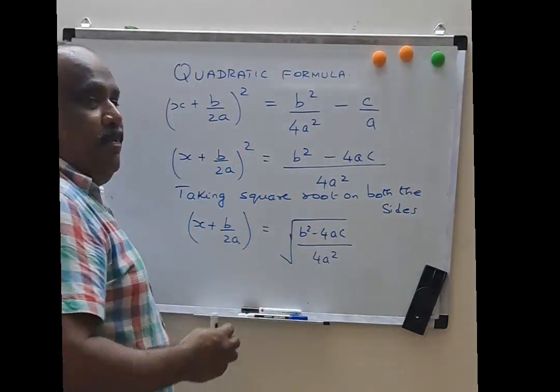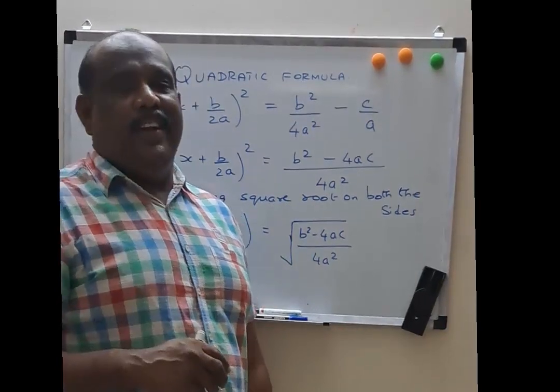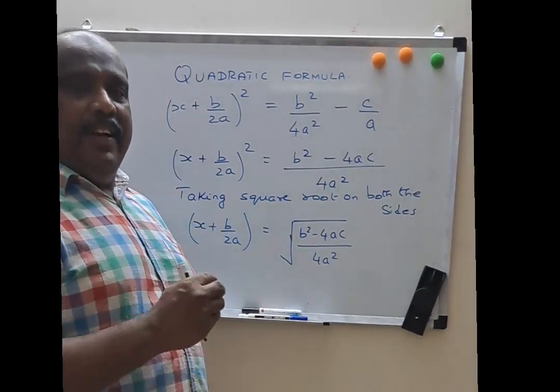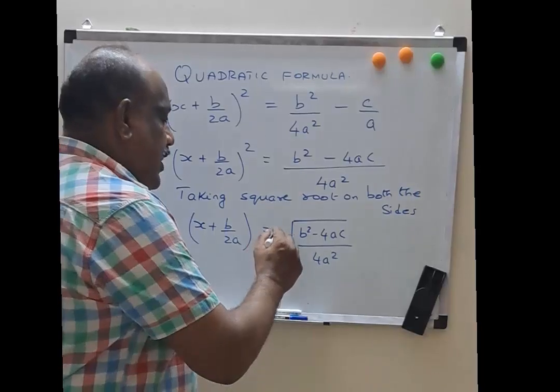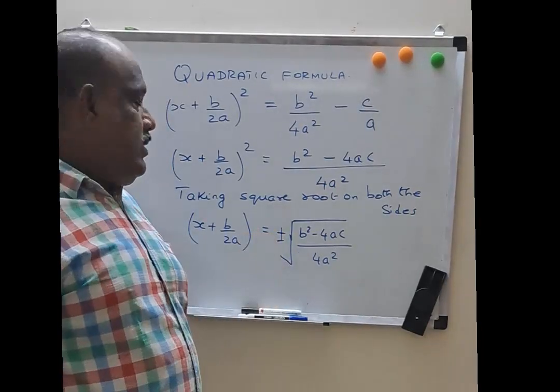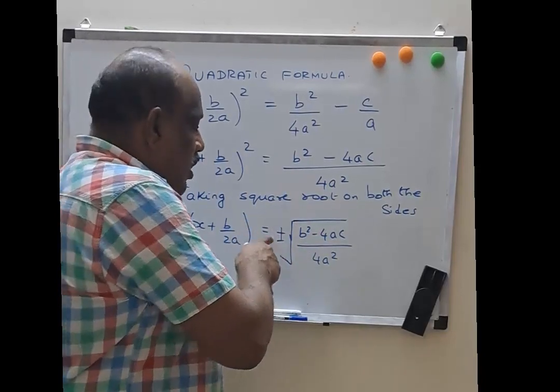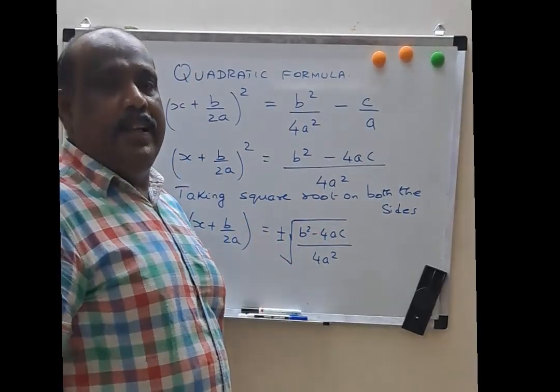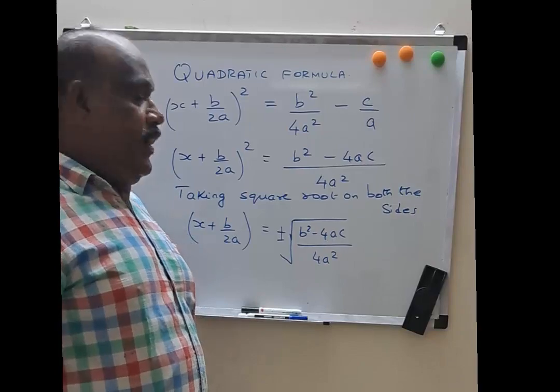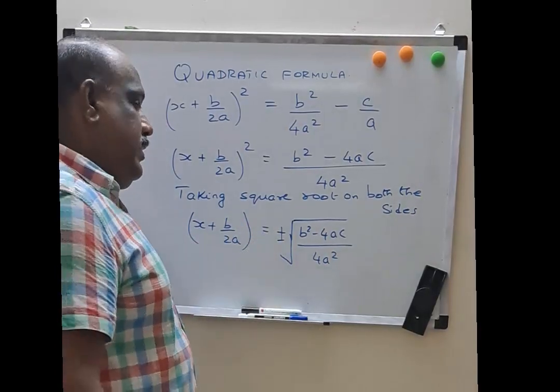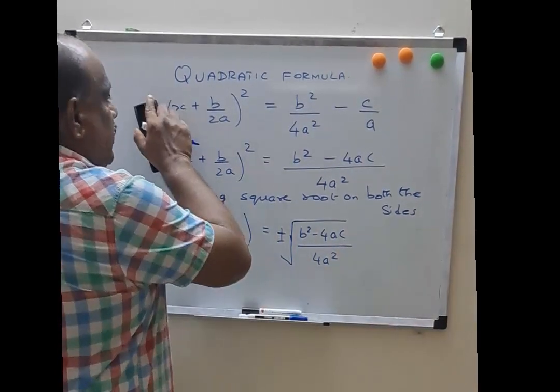Like this, many students used to write, even I used to write, but it's a mistake. When I take the square root on both sides, definitely I include plus or minus. On the left hand side the square term will vanish, but on the right hand side you should not forget to put plus or minus, because when you take any square root, it can have both plus and minus. That's fine. We'll proceed from here.